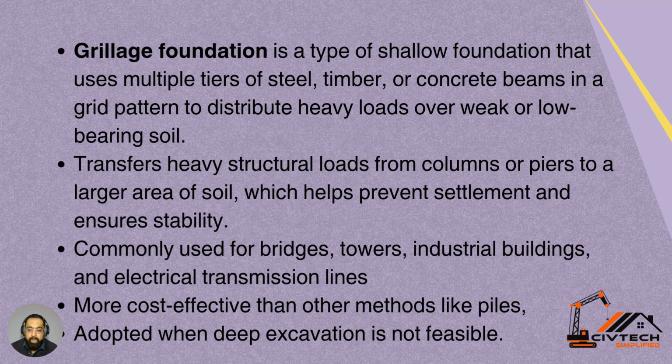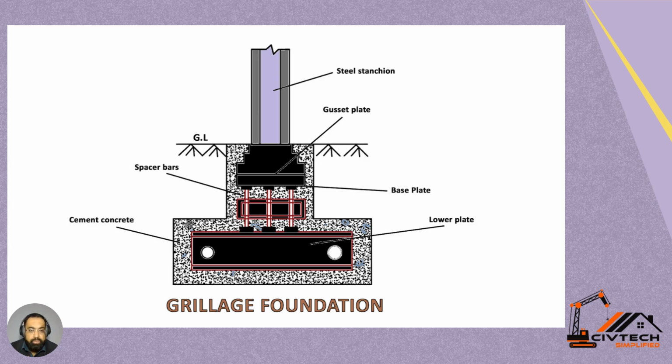It's basically a combination of concrete and steel. You can see in this picture, it's a combination of steel and concrete and wooden beams. So the load should be transferred not only through the concrete but is borne through steel columns as well.